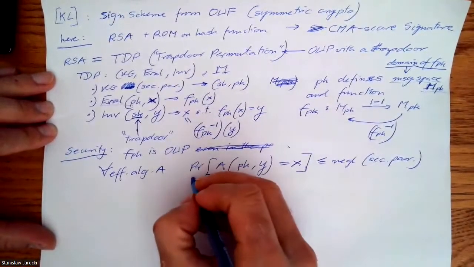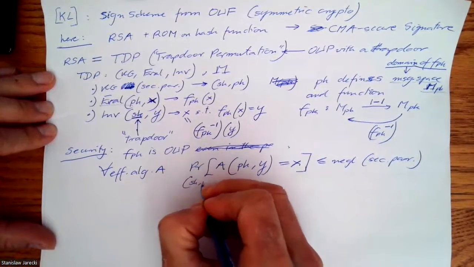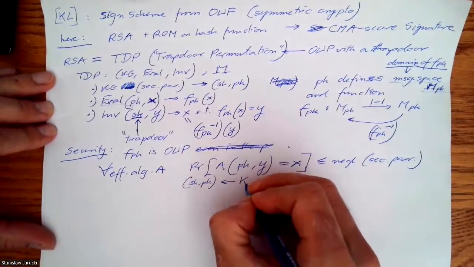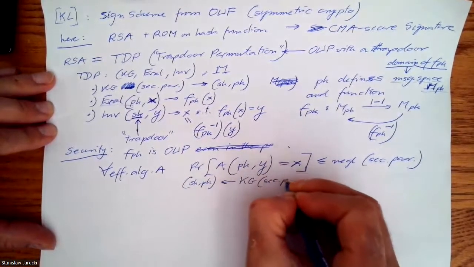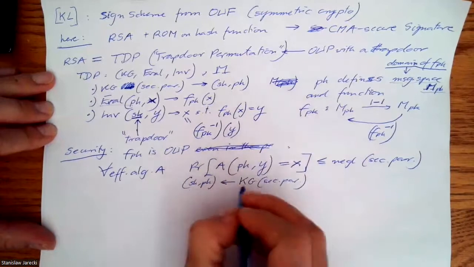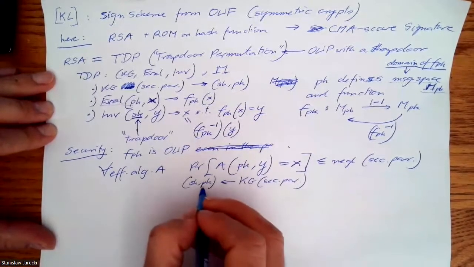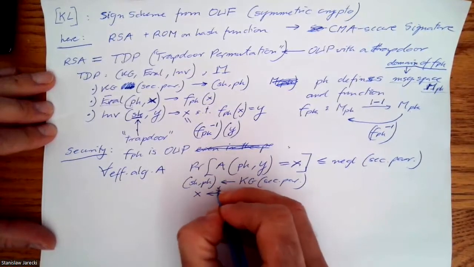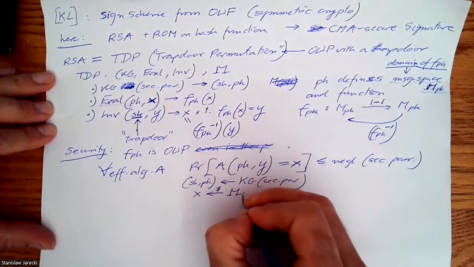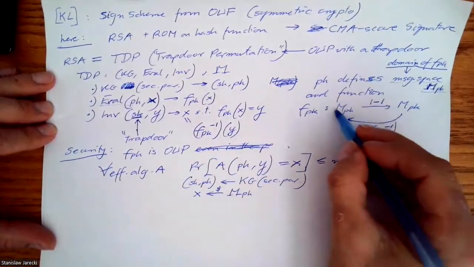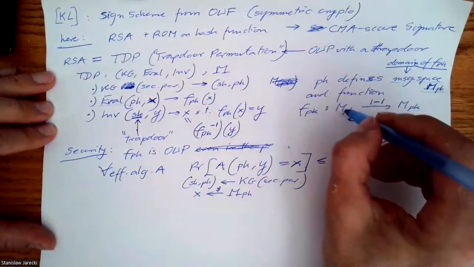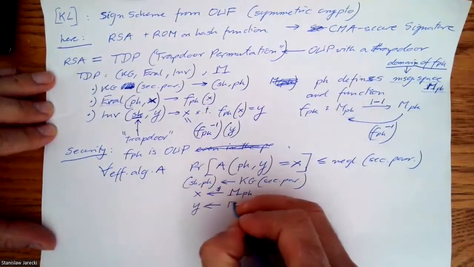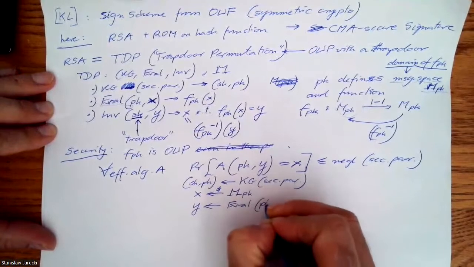Where does this come from? The function instance was created by a key generation algorithm, so it's a randomized generation of the secret key and public key. And then X was sampled at random from the message space associated with this public key. So I sampled a random point here, and I evaluated. So Y is an evaluation applied to PK and X.